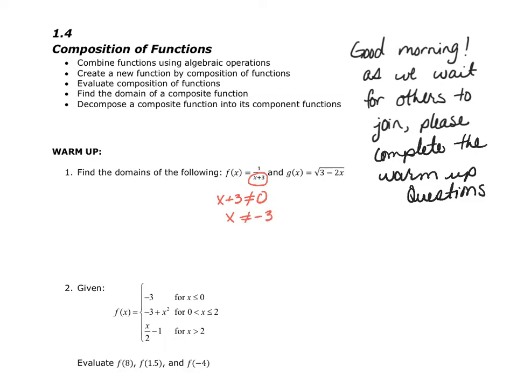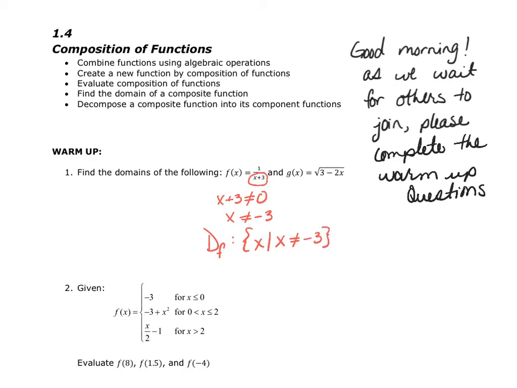If x was -3 for my f function, then I would have division by 0, and we know that's undefined. So for my domain for f, and I'm just going to subscript it f, so we know we're talking about the domain of f, in set builder notation it is x such that x does not equal -3.